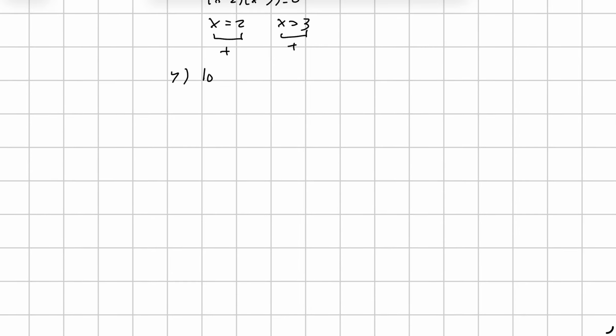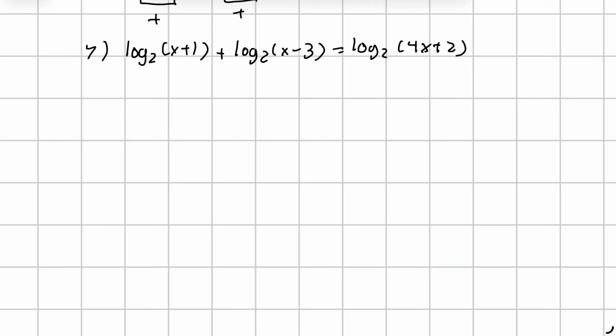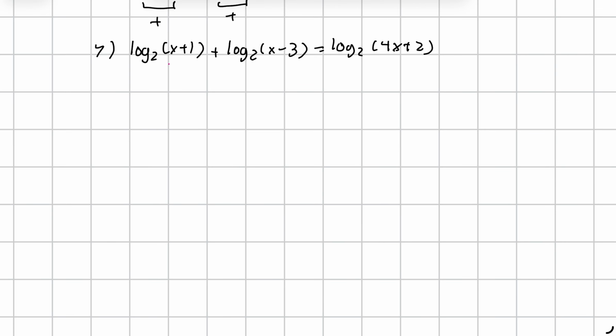Let's say we have log base 2 of x plus 1 plus log base 2 of x minus 3 is equal to log base 2 of 4x plus 12. Let's check the domain for each of these. First, x plus 1 has to be greater than 0, so x has to be greater than negative 1.